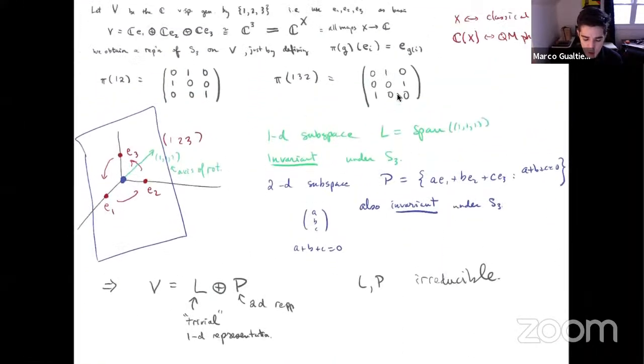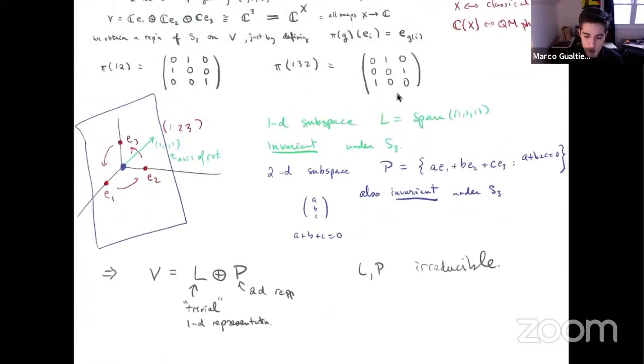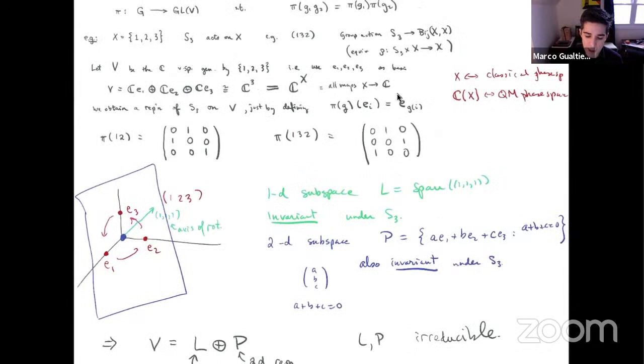So the interpretation you might have is that an element in this vector space, you could think of it as a function on E1, E2, and E3. And so you could think of it as a wave function. It's a complex valued function on the set of points.